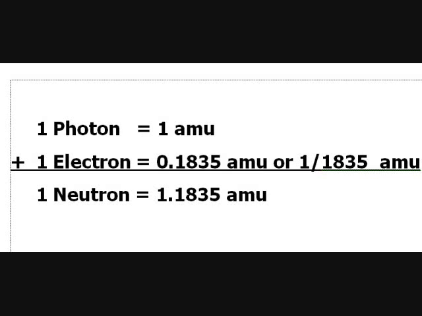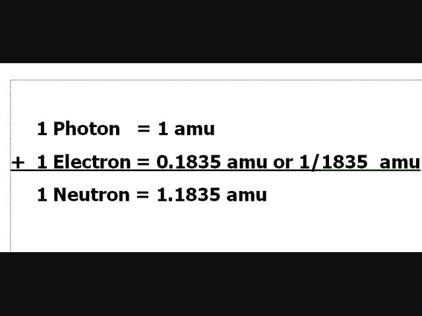Now, look at that. How many of those electrons will it take to make one whole proton? 1,000 numbers. I just told y'all, in one proton there are 1,835 of those, because that fraction equals one.